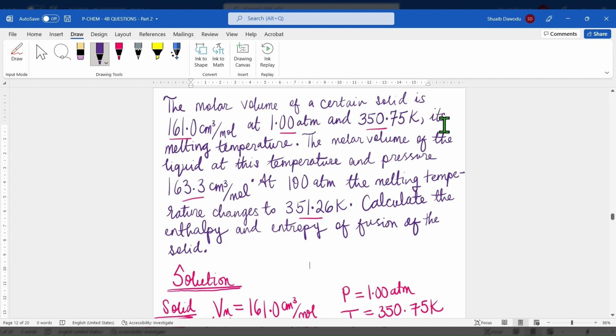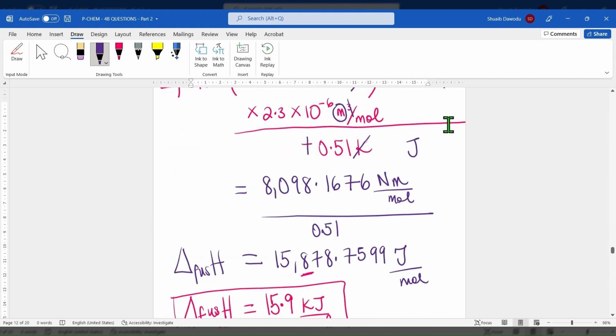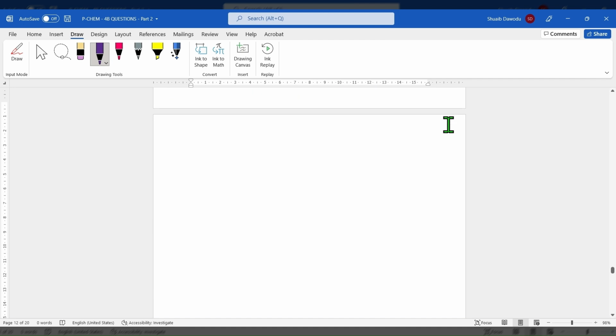So the transition temperature here is going to be the temperature where transition takes place at 1 atm, aka the points where the two phases are in equilibrium. The solid and the liquid phases are at equilibrium at 1 atm, and the temperature that coincides to this pressure is 350.75 Kelvin. So we're going to be using the temperature 350.75 Kelvin.